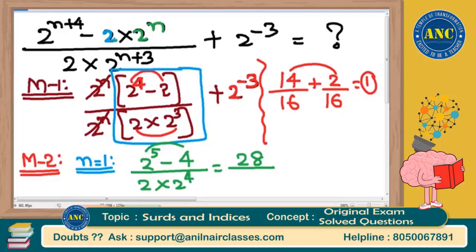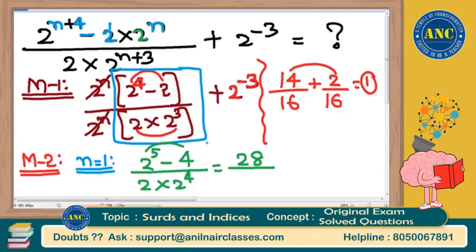Is there any mistake which we have made? If I put n equal to 1, I get 2 power 5 minus 2 power 1 into 2 power 1, which is nothing but 4.